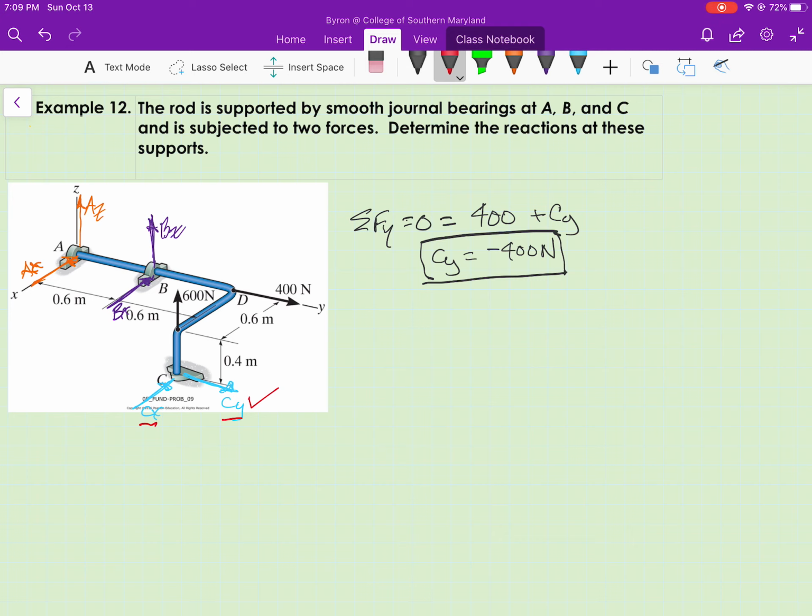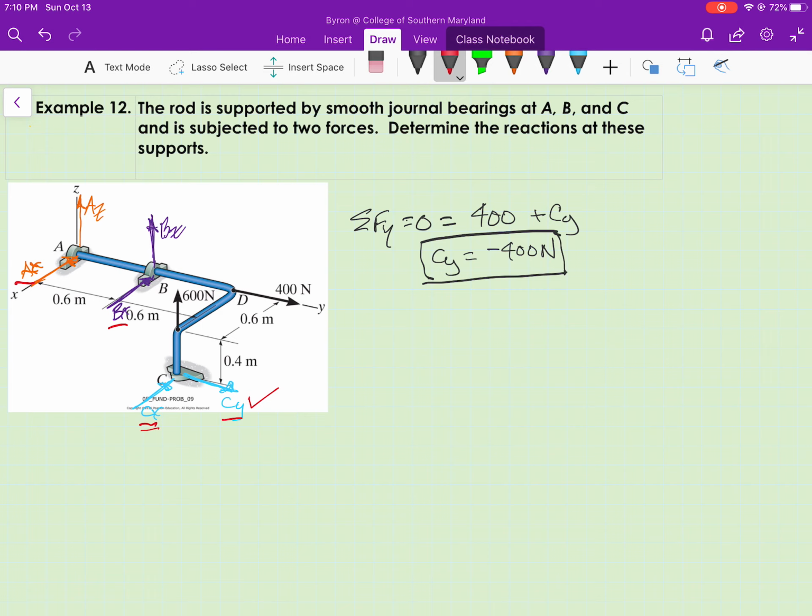I'm going to look for an equation that would involve C sub x, where C sub x is the only unknown. The sum of the forces in the x direction equal to 0 is a possibility, but if I do that, I've got not only C sub x as an unknown, but I have B sub x and A sub x.